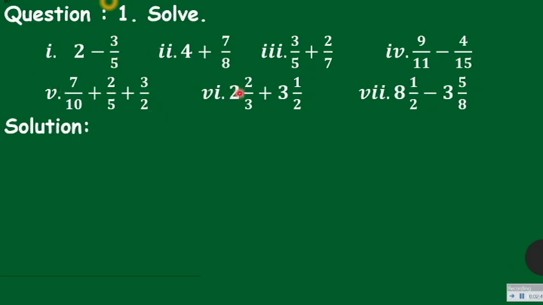In the sixth, 2 whole 2 upon 3 plus 3 whole 1 upon 2. They both are mixed fractions, and here we need to do addition. In the seventh, 8 whole 1 by 2 minus 3 whole 5 by 8. They both are also mixed fractions, and here we need to do subtraction.